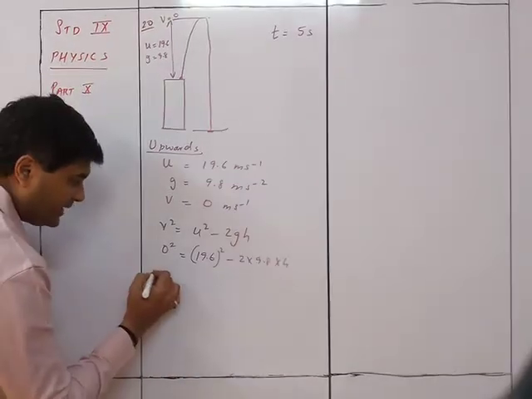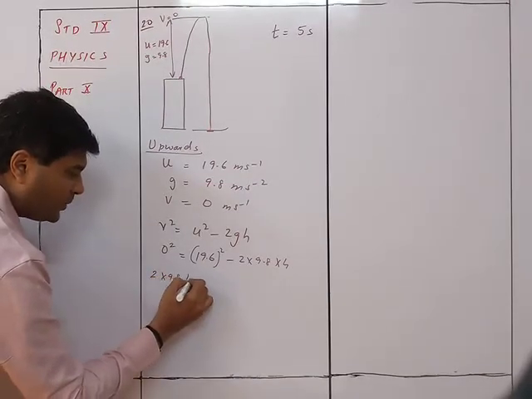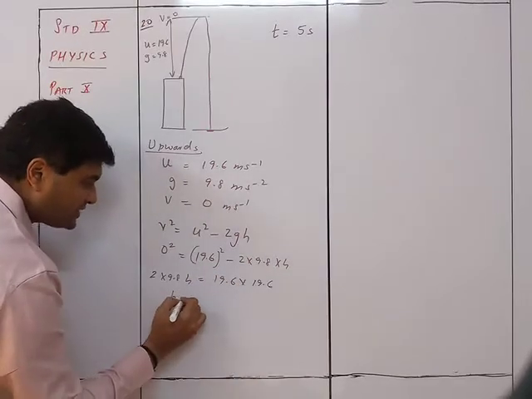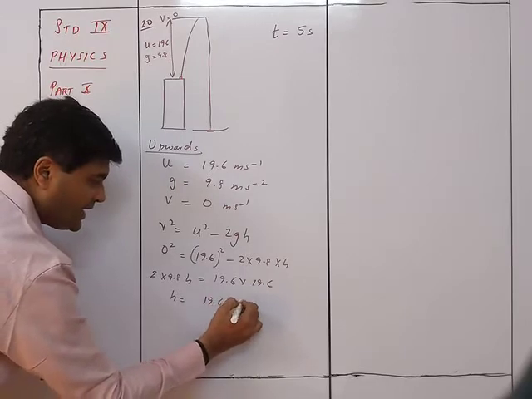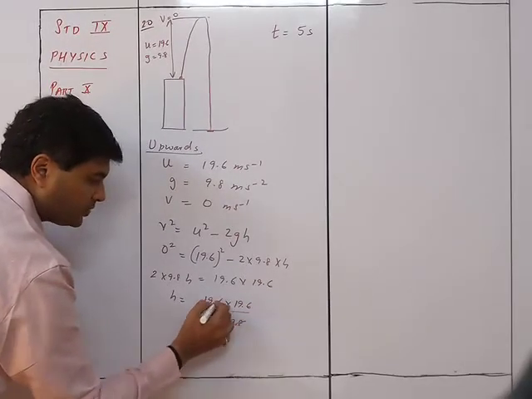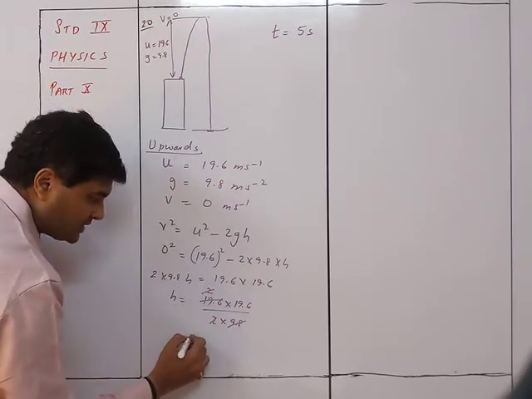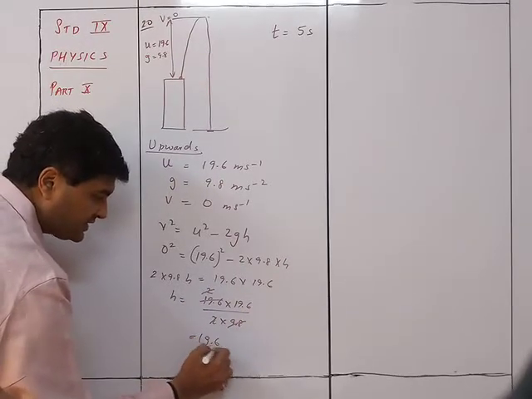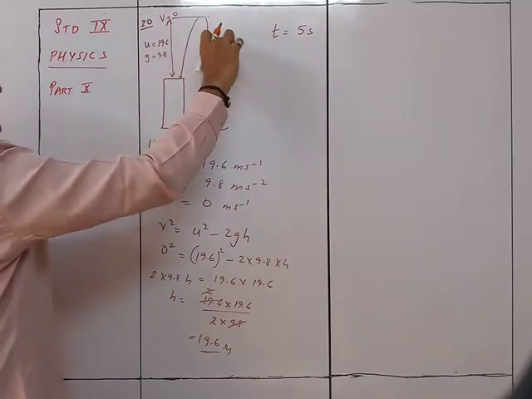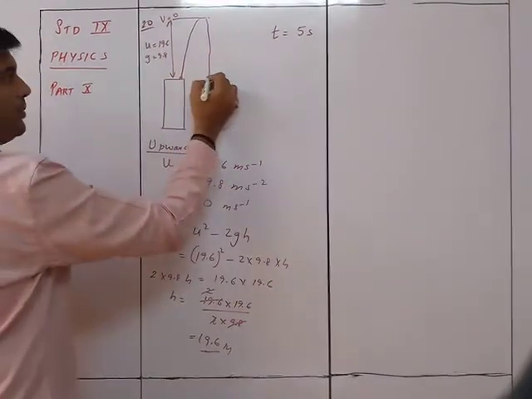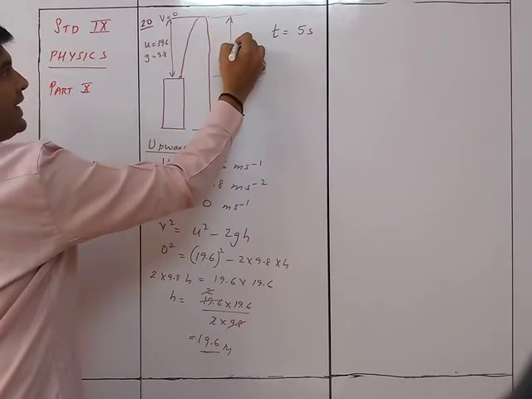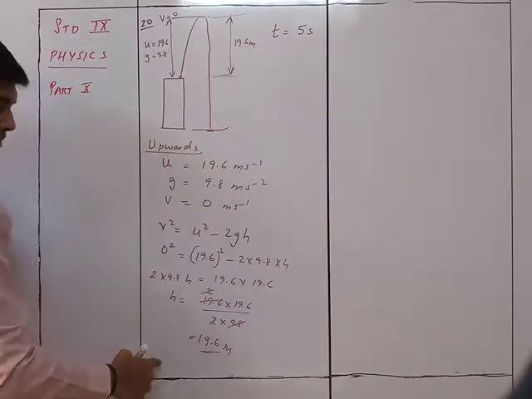So this gives you 2 into 9.8 into h is equal to 19.6 into 19.6. So h is equal to 19.6 into 19.6 upon 2 into 9.8. So this becomes 2 and 2 cancels. So it is 19.6 meters. So this height over here is 19.6 meters. Okay, from here to here, the height is 19.6 meters.